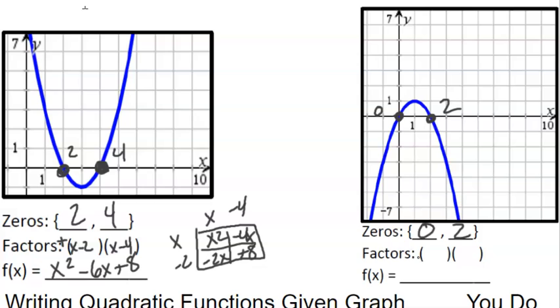And it's opening downwards, so we're going to have a minus sign in the front. A has a negative. So we have x minus 0 and x minus 2. So that's really just negative x times x minus 2. Distribute the negative x to each of those, and you get f of x equals negative x squared plus 2x.